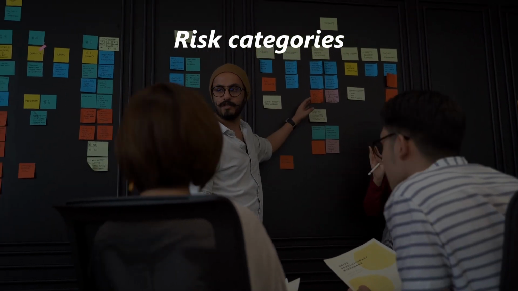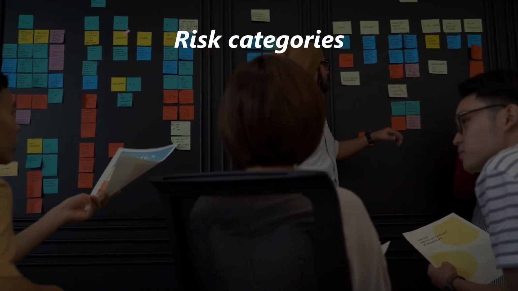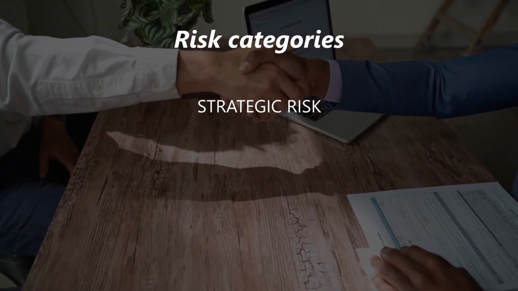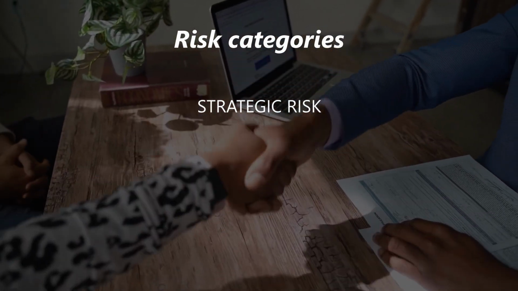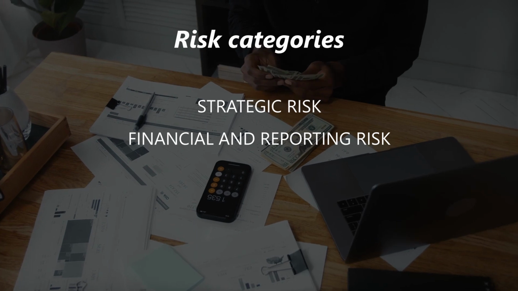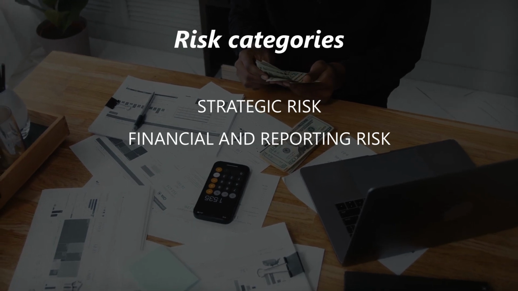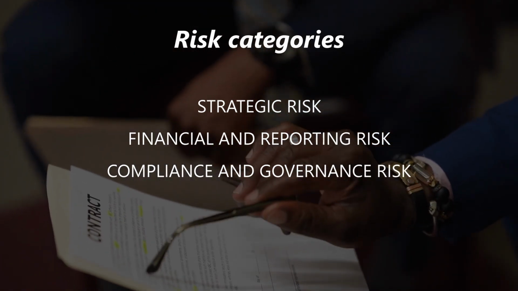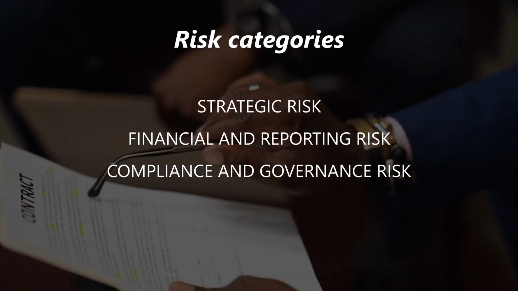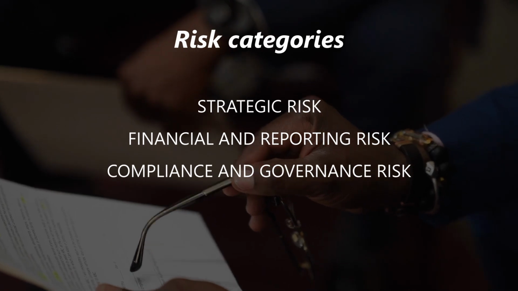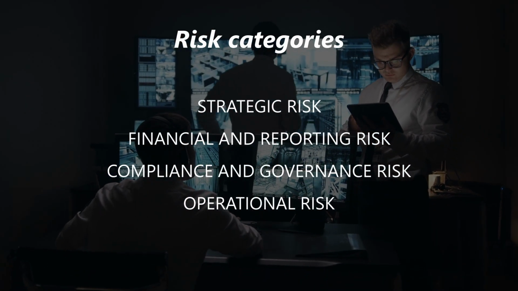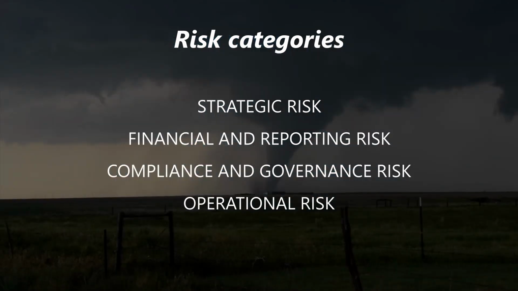For example, risk can be organized into the following 4 areas: strategic risk, such as reputation, customer relations, technical innovation; financial and reporting risk, example, market, tax, credit; compliance and governance risk, example, ethics, regulatory, international trade, and privacy; and operational risk, example, information technology security and privacy, supply chain, labor issues, natural disasters.